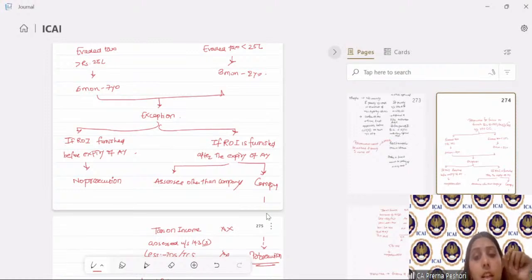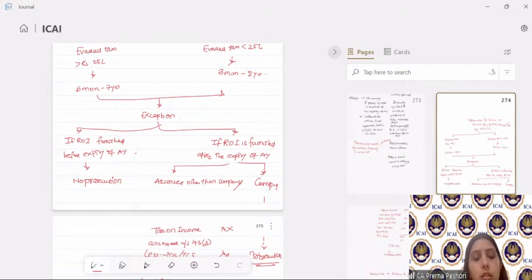The AO will assess the income of the deceased in the hands of the legal representative as if the legal representative himself is the assessee. The legal representative cannot deny these notices; he has to comply with them. Even under 147, if the income has escaped assessment, it will be done in the hands of the legal representative. Clear?